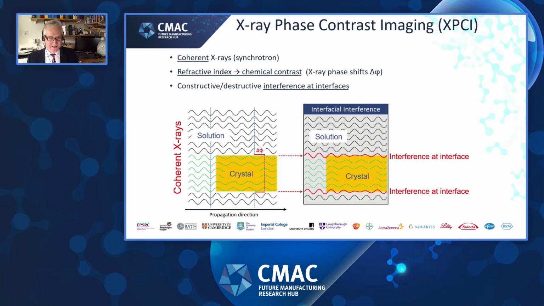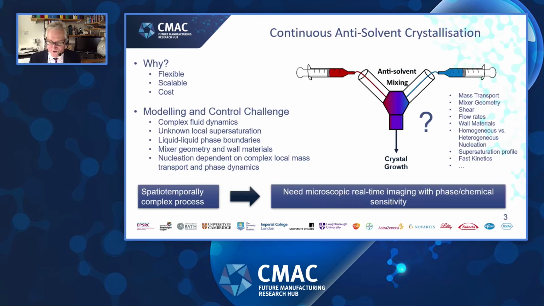With coherent X-rays you get an additional contrast mode, which arises because as coherent X-rays penetrate through two different phases, at the interface between the two phases they interfere, due to refractive index changes, for example between a solution and a crystal. This gives you additional contrast.